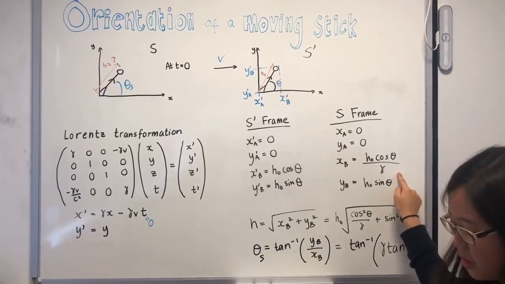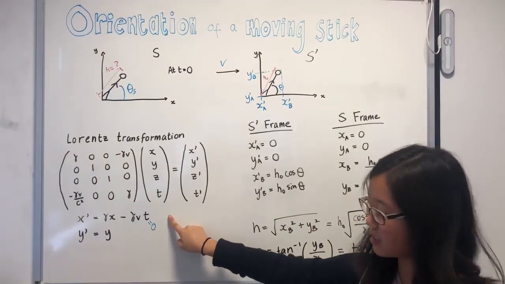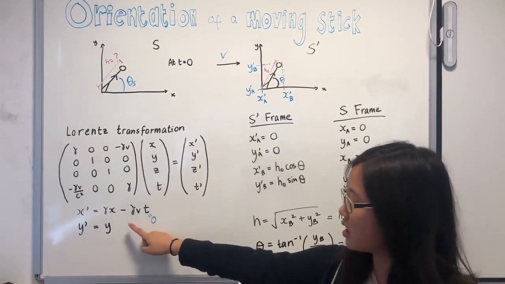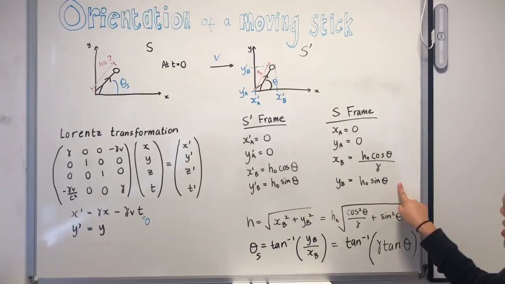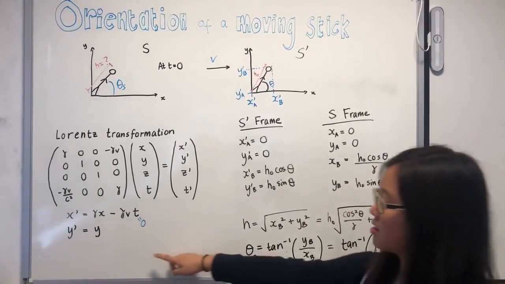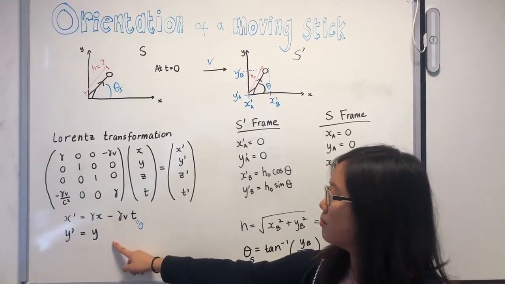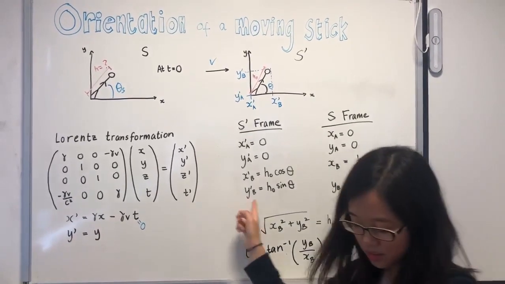With the xb point, we use the x equation, and you can see that xb is equal to x'b over gamma. We can see that yb is the same as y'b.